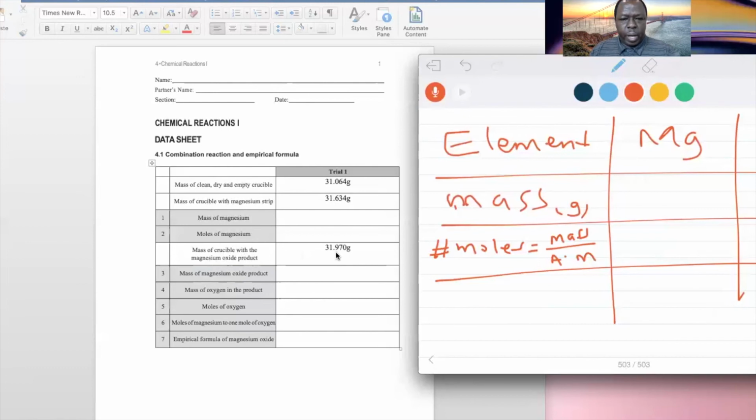You need to find the mass of magnesium oxide. So if I subtract the mass of our empty crucible from the mass of the crucible with magnesium oxide, I'll get the mass of magnesium oxide.